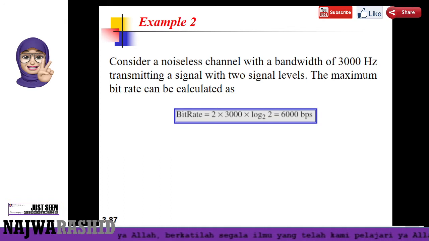Bit rate equals 2 times the bandwidth times log L base 2. So we have 2 times 3000 times log 2 base 2, which equals 6000 bits per second. So the maximum bit rate is 6000 bits per second.